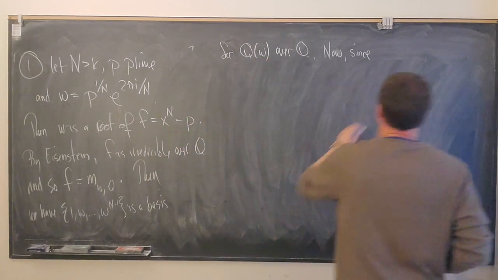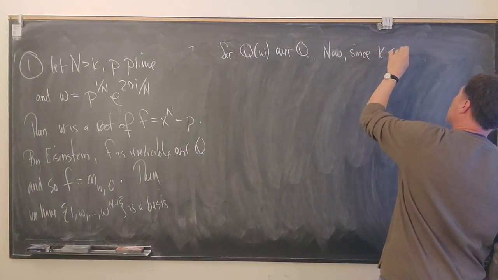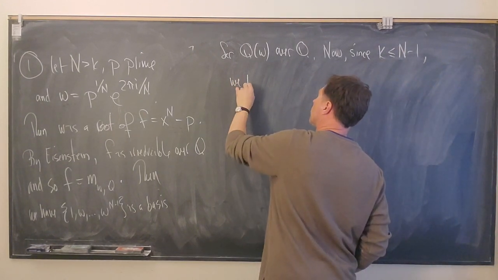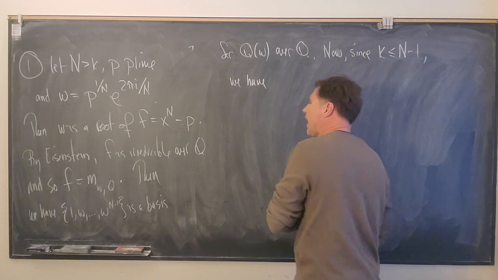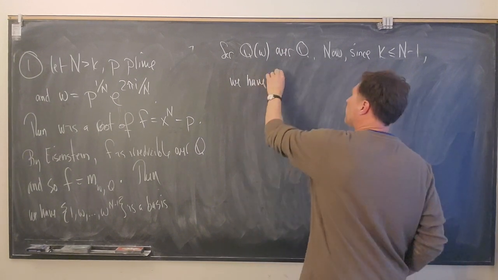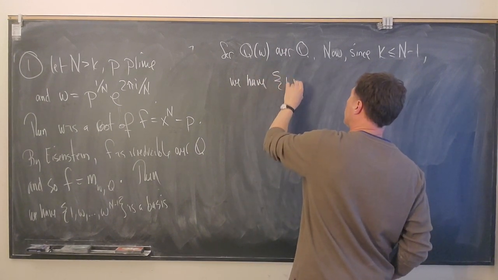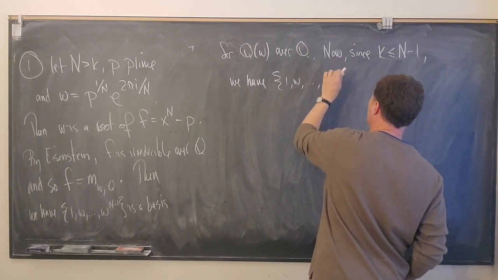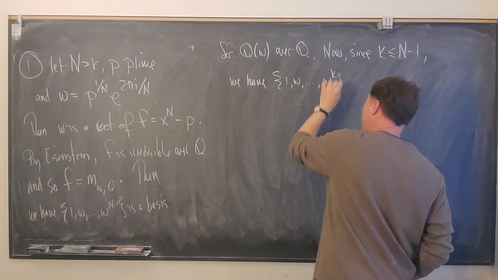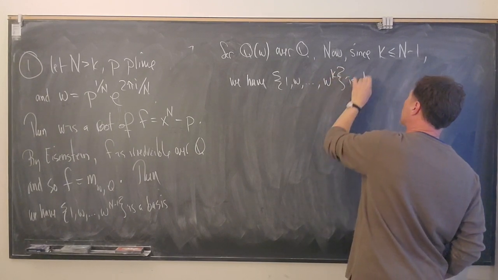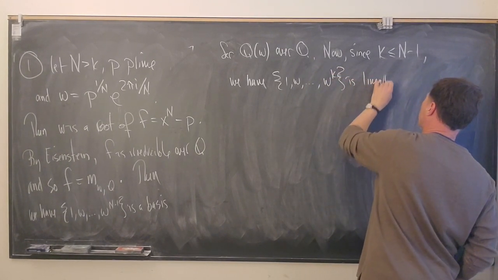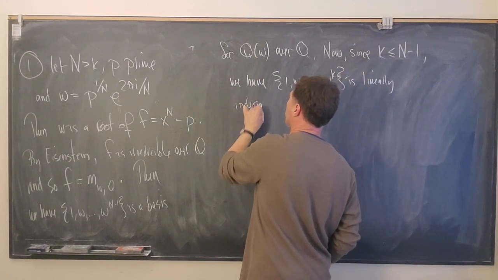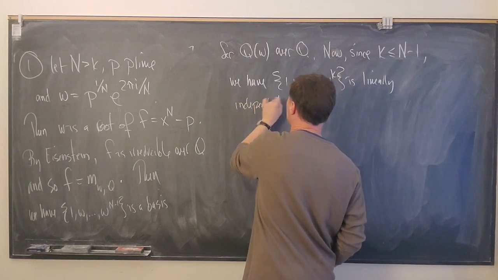So now, since k is less than or equal to n minus 1, we have the set 1, w, up through w to the k minus 1, w to the k, is linearly independent, right?